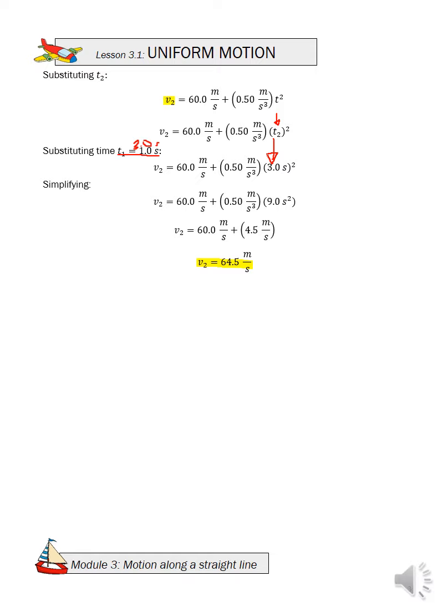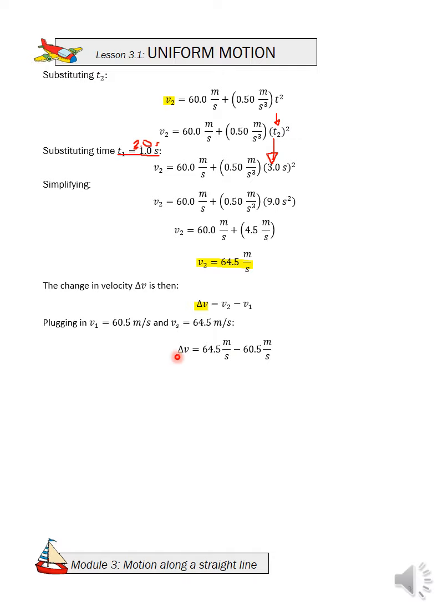Now we already have a value for v1, we have a value for v2. Remember, for item A, we are looking for the change in the velocity at the time interval given to us. So all we have to do is subtract v1 from v2. To get the change in velocity, which is delta v, we subtract v2 and v1. We know v2, we know v1, so we can now solve for delta v.